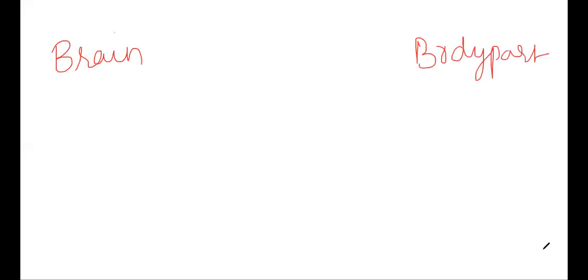For example, if this is the brain and if this is the body part, let me write: brain, body part. If you have any myths about this, all those myths should be cancelled, and you need to fix them with the basics which I am giving you.